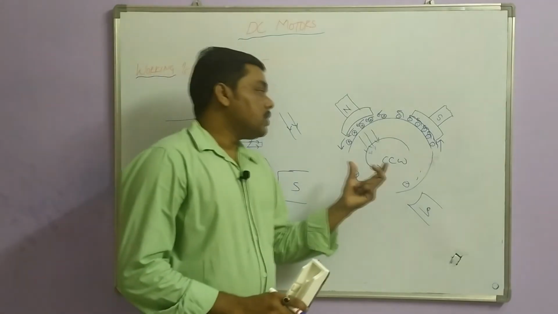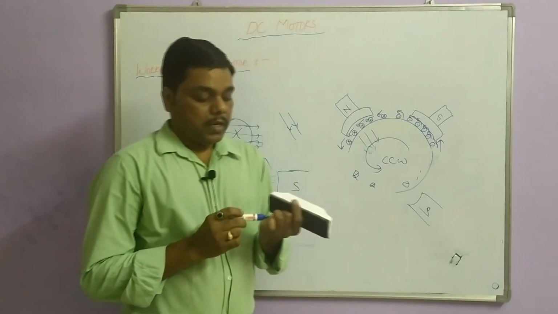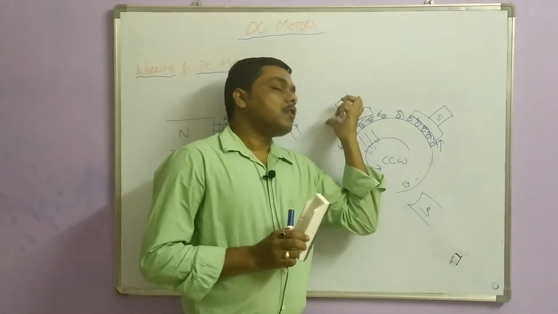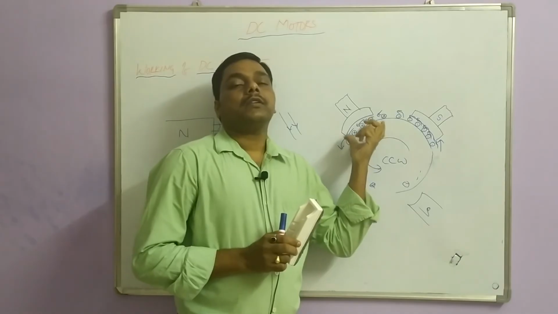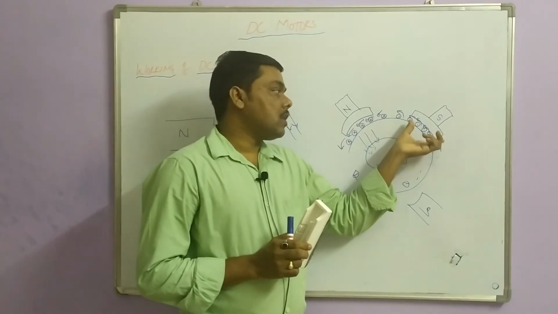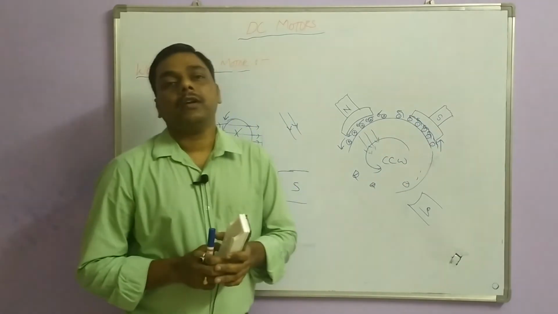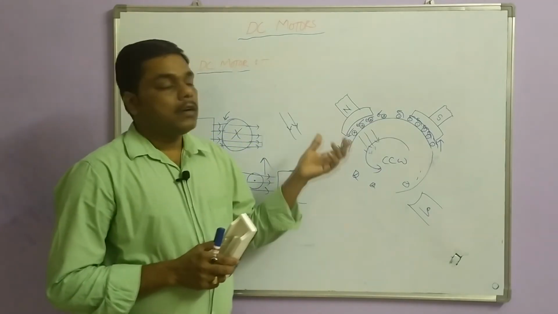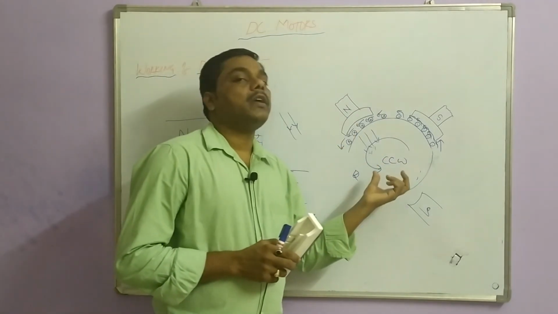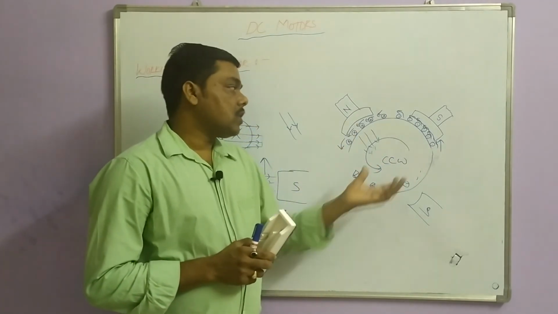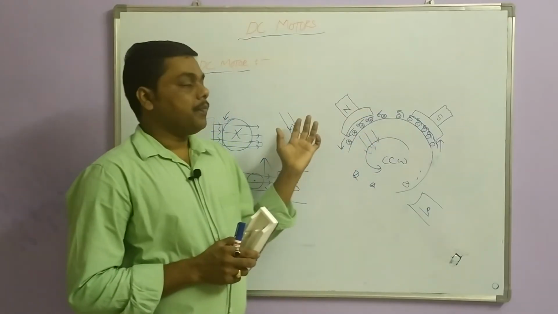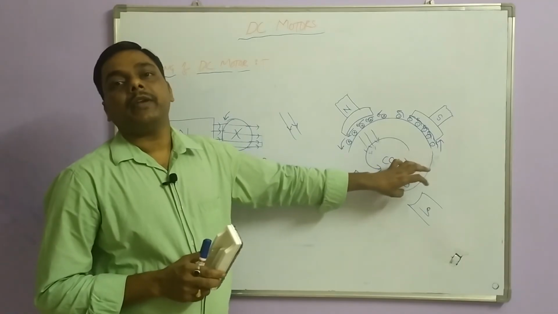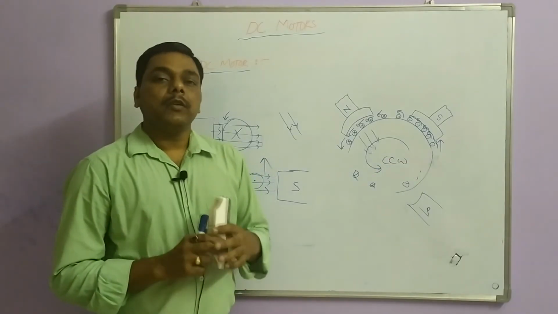So the basic idea of DC motor rotation in the counterclockwise direction is that the conductors under the north pole are crosses and the conductors under the south pole are dots, so that the resultant flux will create a torque in a unidirectional way. So this DC motor starts rotating and the mechanical load will be driven by this DC motor.